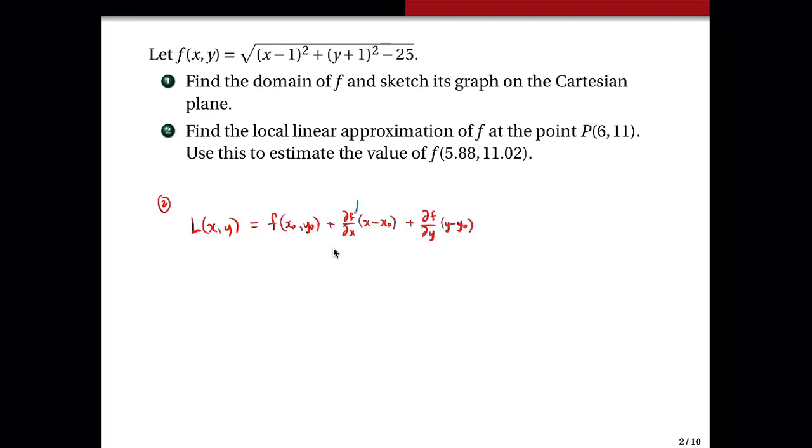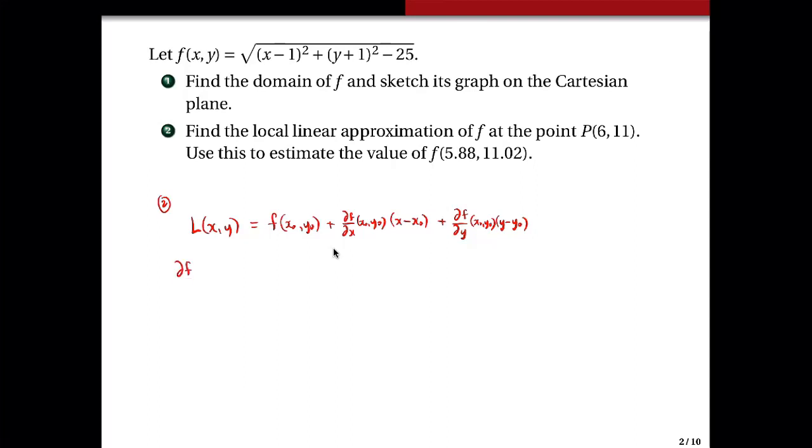We have to evaluate this at the point (6, 11). So don't forget about that. So let me adjust this here and insert the evaluation at (x naught, y naught), and for the other partial also we evaluate at (x naught, y naught). Okay, and let's see.